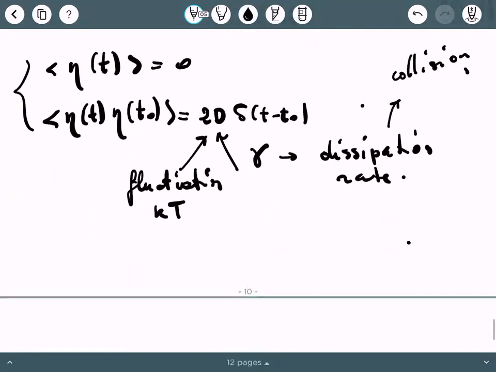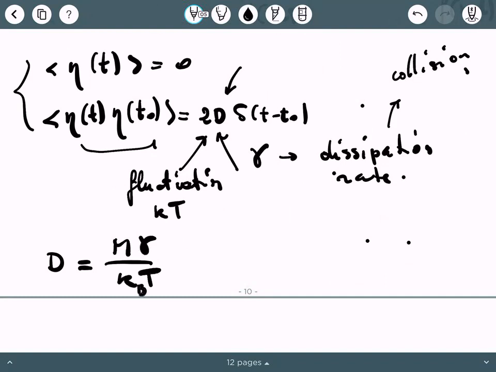Now, if you perform the calculation in the way we performed, we discover that this correlation function depends on a constant D called the diffusion coefficient that is a specific combination of gamma and kT. So there is a specific ratio. So the noise in my Langevin equation is not just an arbitrary parameter. Because if this parameter was arbitrary, then I would not be able to gauge how much energy is flowing in and how much energy is flowing out.